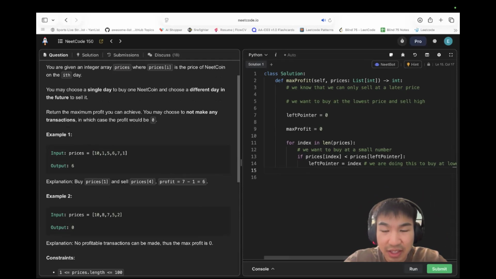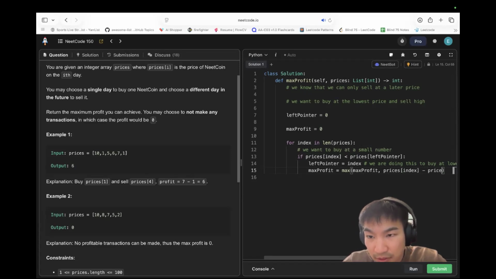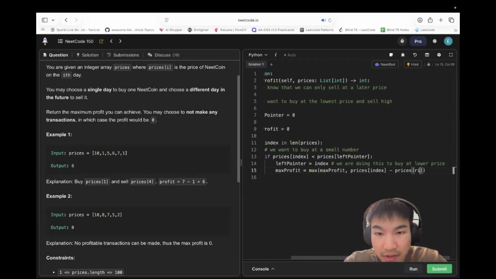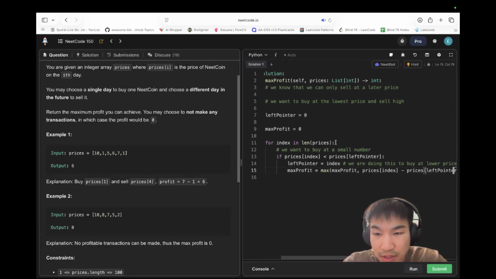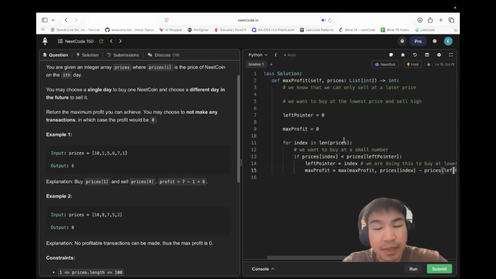Right, and now we can just calculate the max profit. So you can say max profit is equal to the max of what max profit currently was, or we could do prices of the index minus prices of the left pointer, because prices index is basically the right.